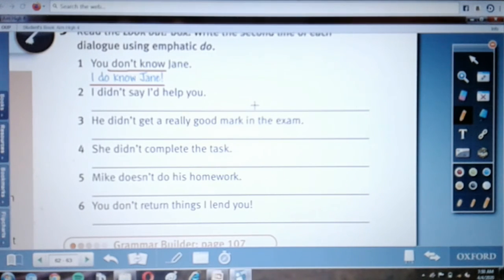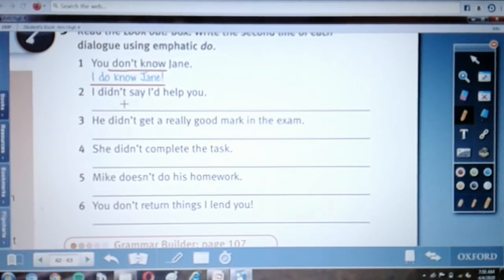Okay. Next, I'll give you this example. I didn't say I'd help you. That's so mean. Okay, so the negative statement is I didn't say I'd help you.